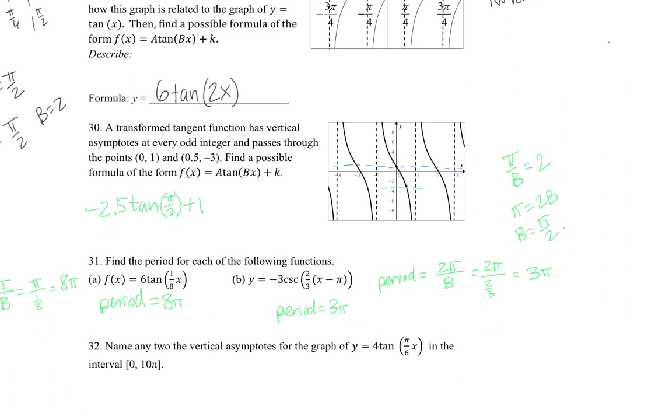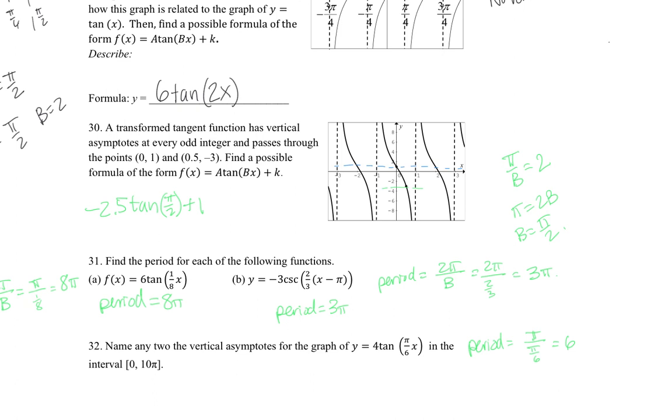The next one says, name any two of the vertical asymptotes for that graph in the interval from 0 to 10 pi. Okay, so let's think about what's happening here. So if b is pi over 6, then the period is equal to pi over pi over 6, which is equal to just 6.